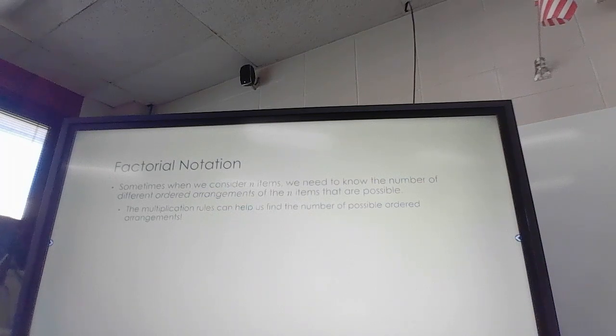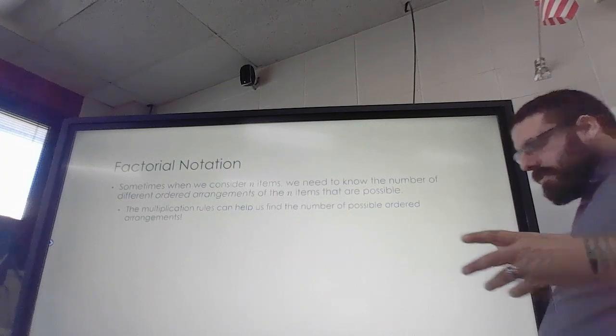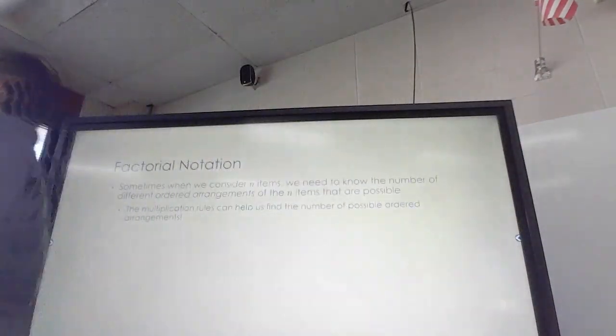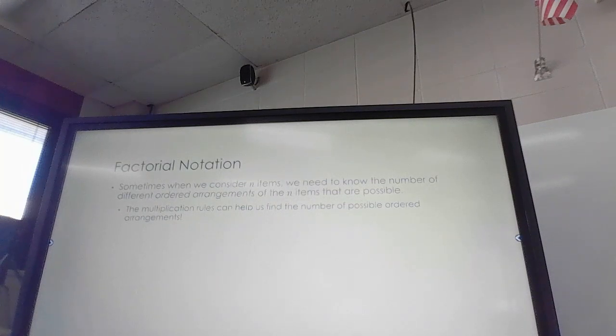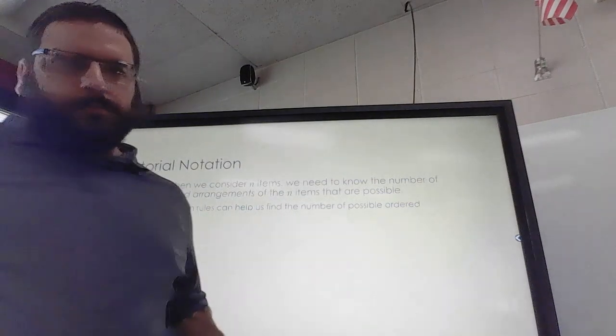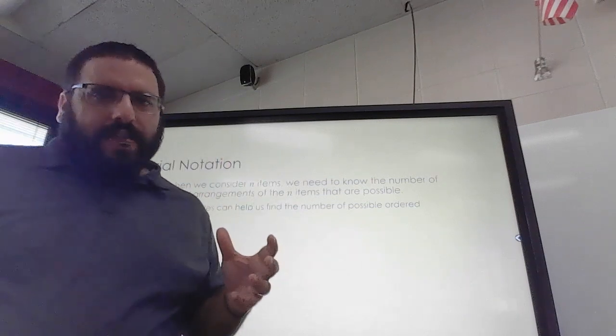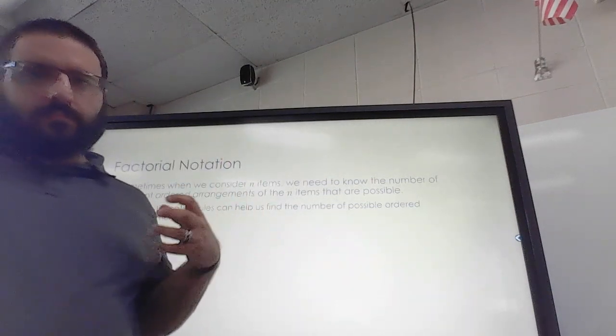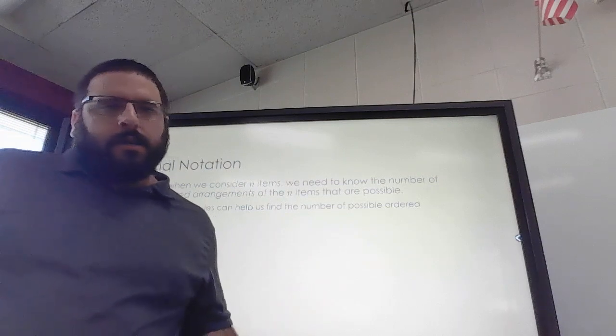Now, sometimes when we consider a certain amount of items, we might want to know how many different ways we can arrange them. A good function that helps us to navigate this is called the factorial function. Not every arrangement of items is equal to the number of items being arranged.